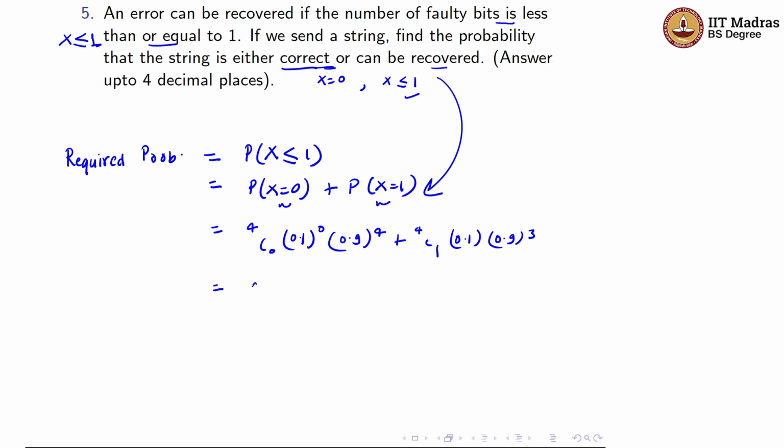So it is 0.6561 plus 4 times 0.1 times 0.729, hence our required probability is 0.9477.